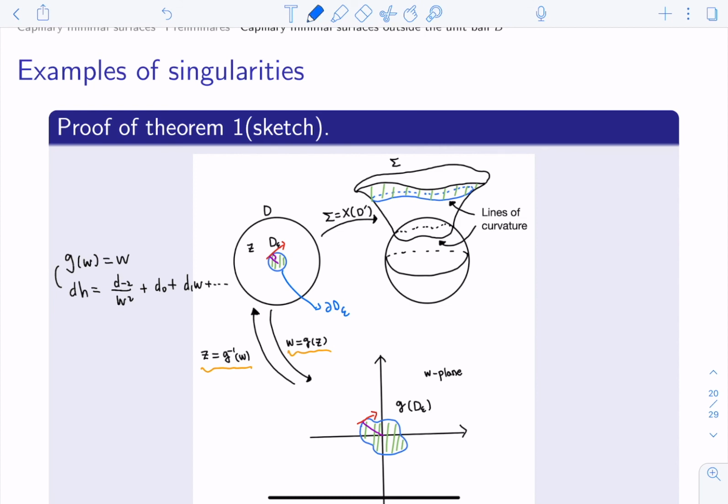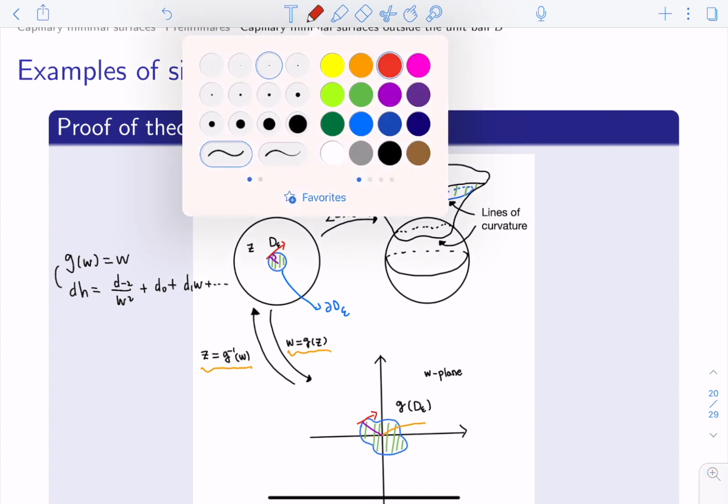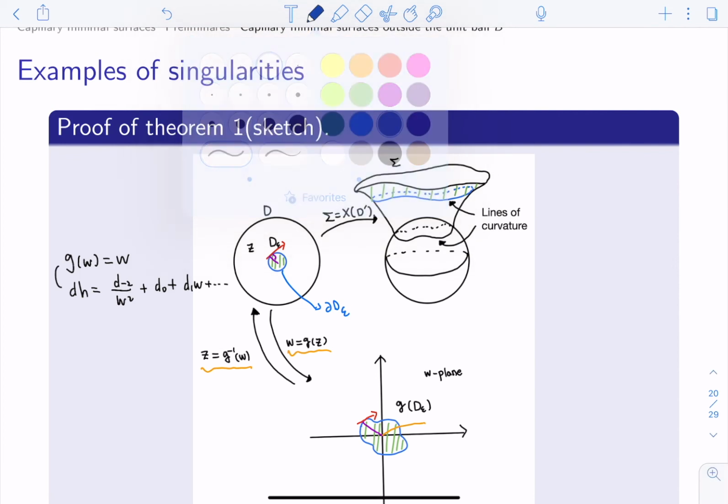So it means that there is a line of curvature emanating from the puncture here, and it still has the property that it must be tangent, that tangent vector that is parallel to the radial vector. So then it can satisfy those properties only when this line of curvature is just a straight line.